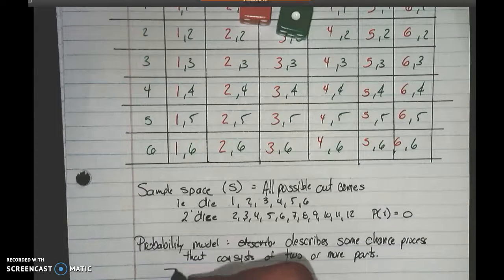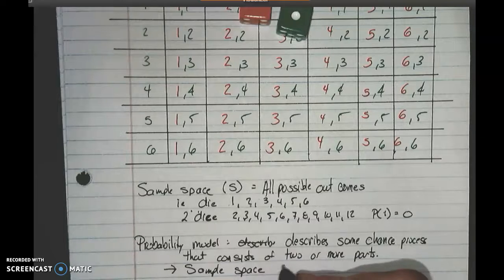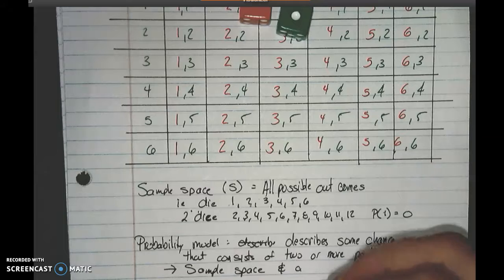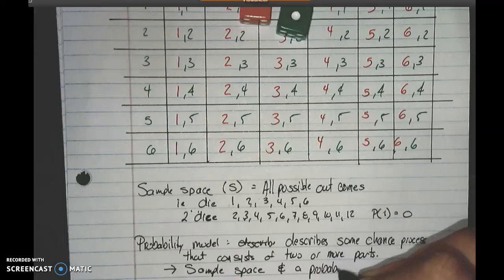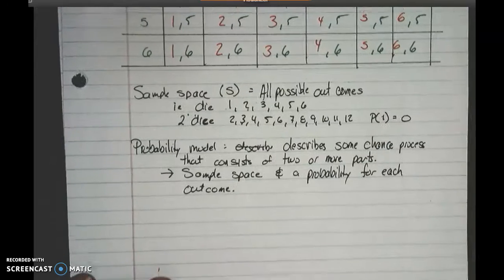So what we're looking at here is we need to state a sample space, so all the possible outcomes, and a probability for each outcome. Then we'll come back to the die.